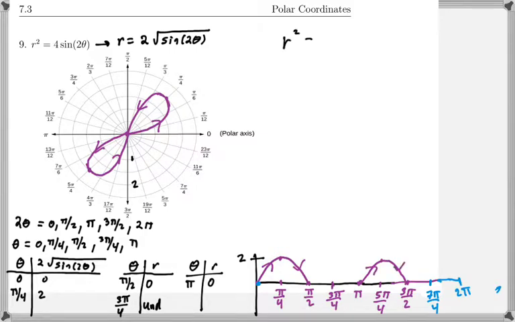Let's try to convert it into rectangular form. So we have r squared is equal to 4 sine of 2 theta. And we want just regular theta, not 2 theta. So we're going to use that identity we used previously. So r squared is equal to 4, and the sine of 2 theta is going to be 2 sine theta cosine theta.